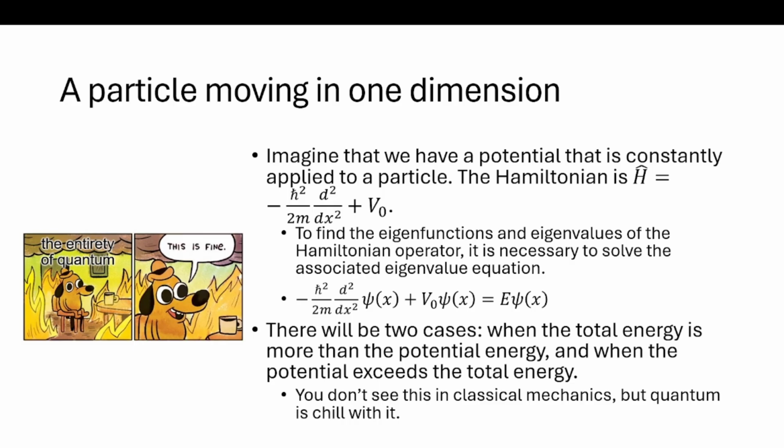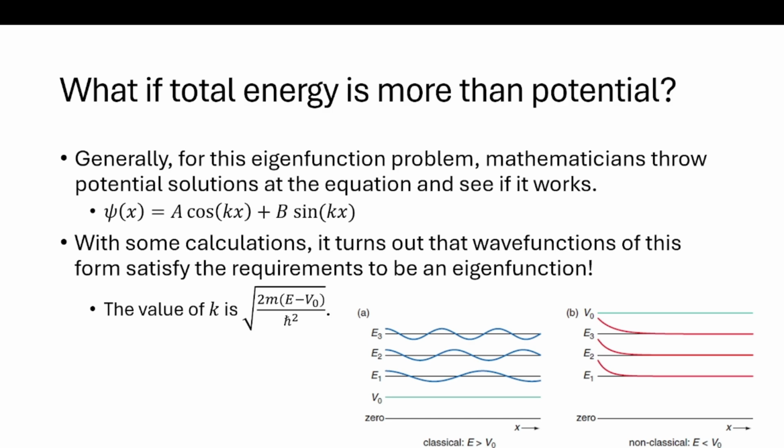But quantum mechanics is completely fine with this, and we can see it in these two cases. For this eigenfunction problem, let's look at the first case, where the total energy is greater than the potential, which is just normal.